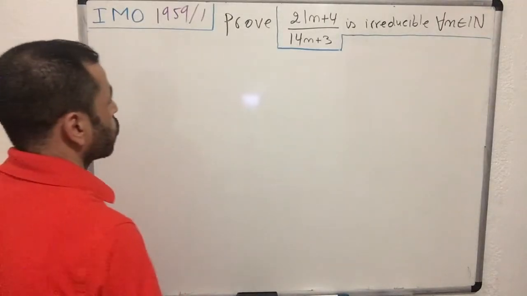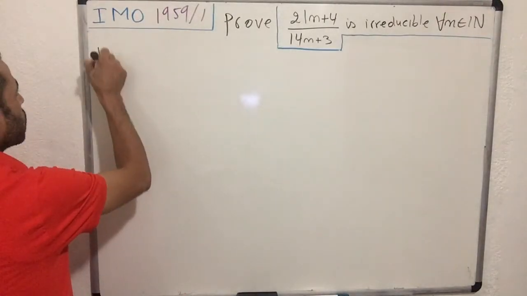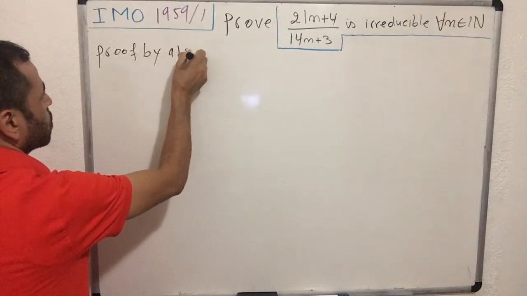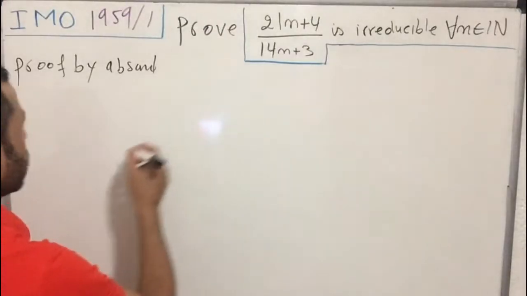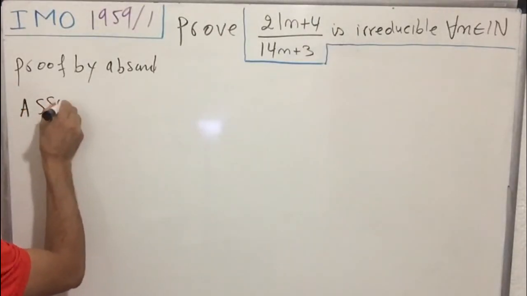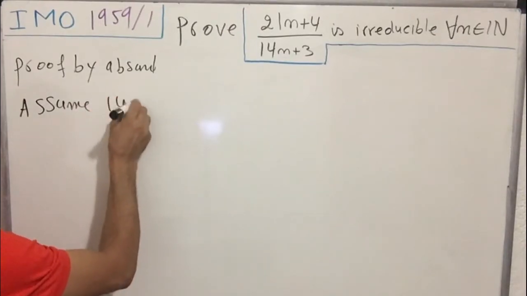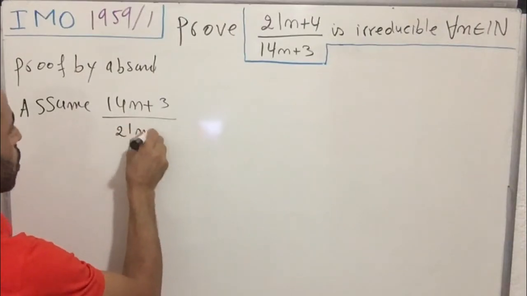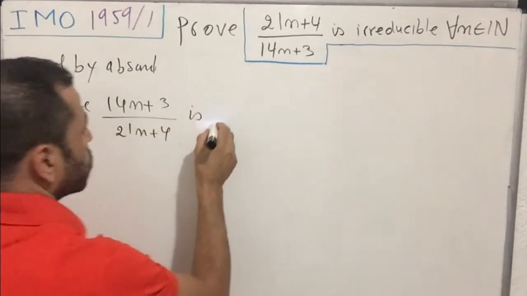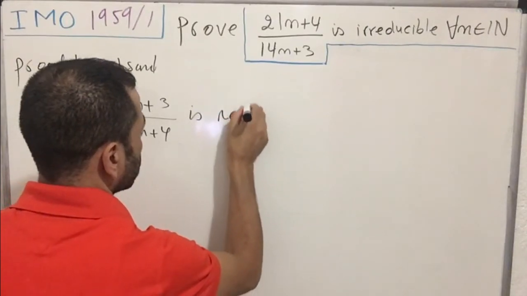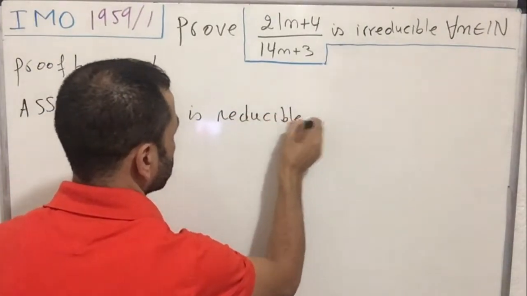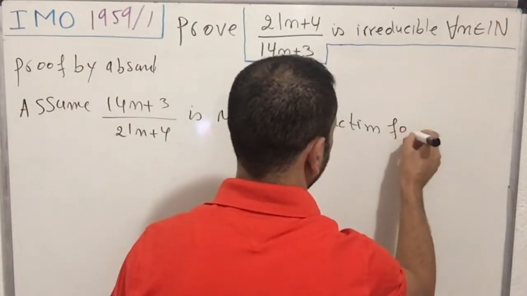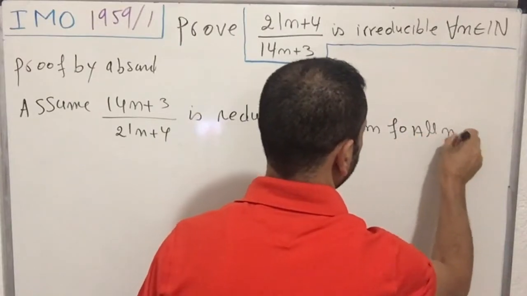So by proof by absurd, now assume 14n plus 3 over 21n plus 4 is a reducible fraction for all natural numbers.